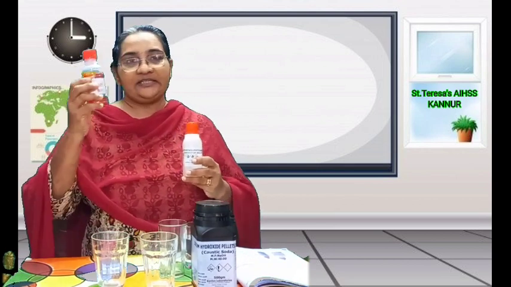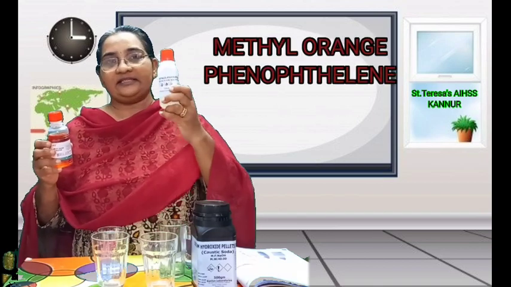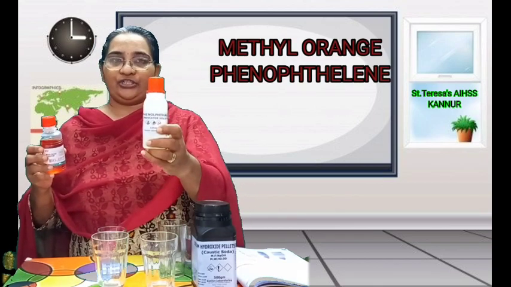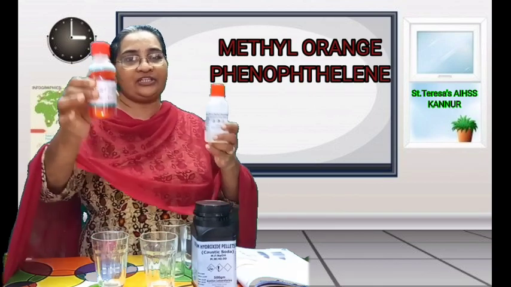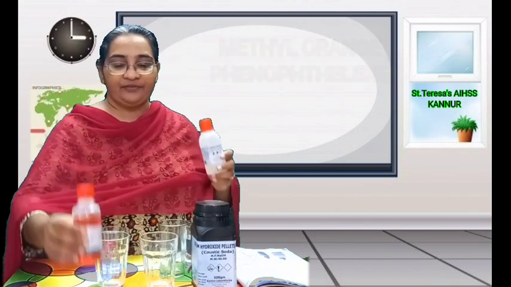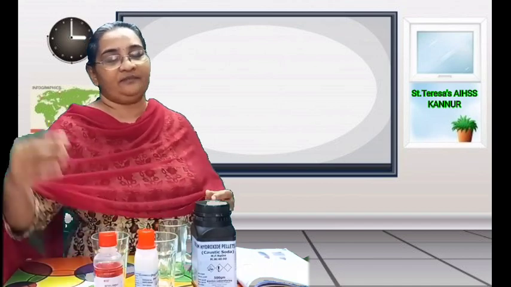These two things are two indicators which are used in the laboratory. This is methyl orange and this is phenolphthalein solution. Now we will see whether these indicators can be used to find out whether a given substance is an acid or an alkali.